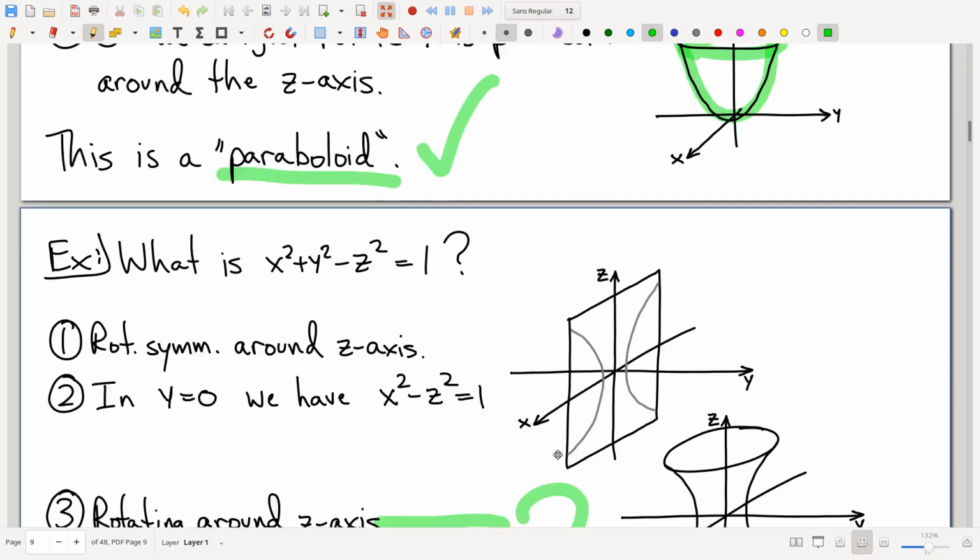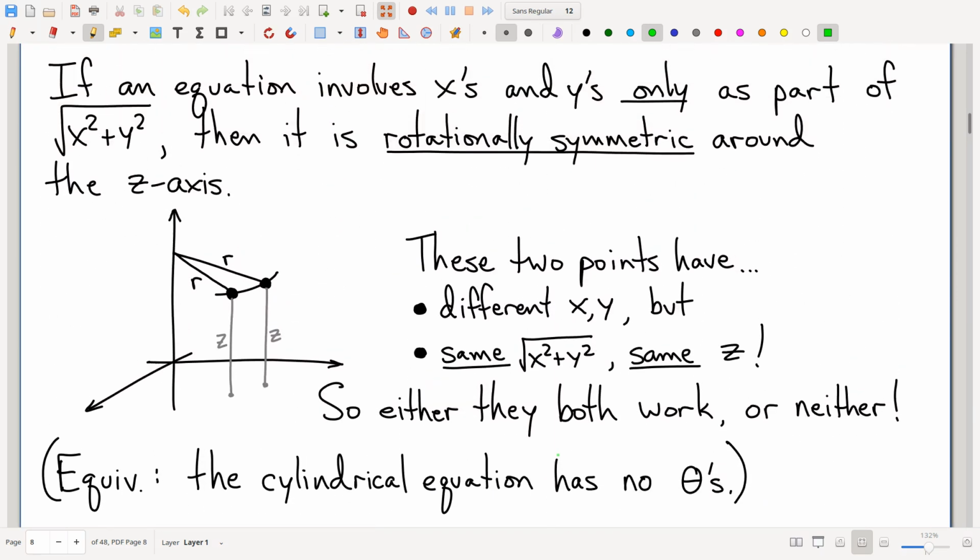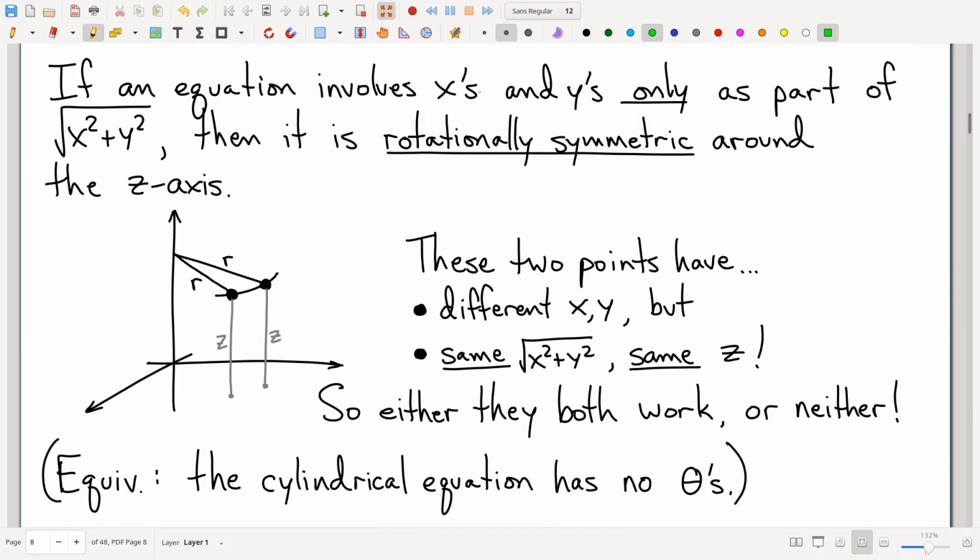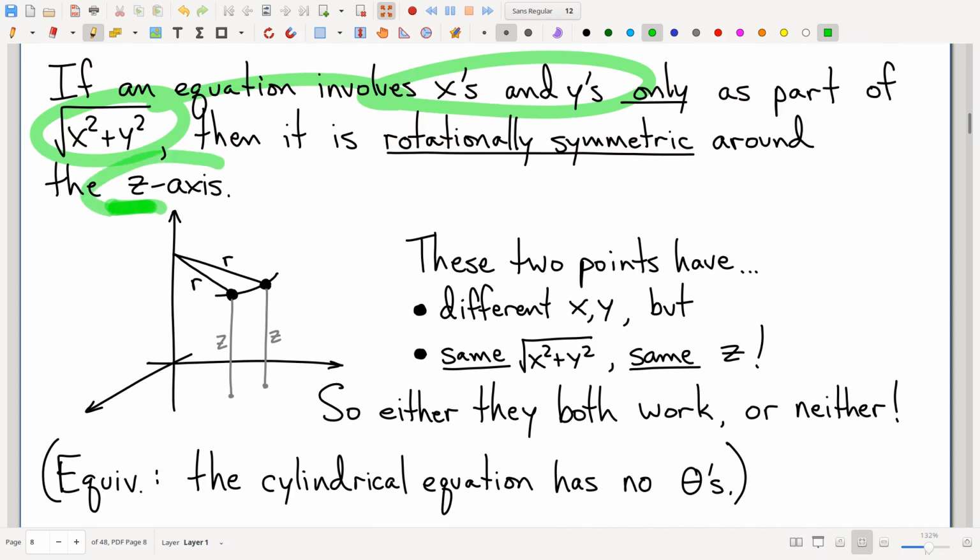But recall that when x and y appear only in the special form, then the rotational symmetry is around the z-axis. And now I'm going to suggest, if x and z appeared only in the special form, wouldn't you guess that would give you a symmetry around the y-axis? Now, that's a fantastic exercise to think through.